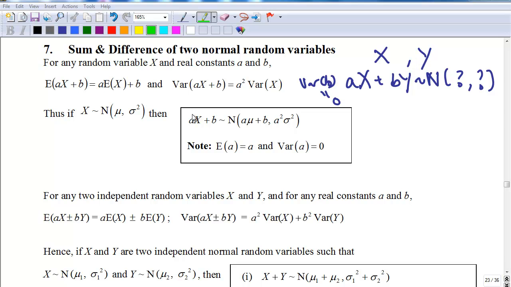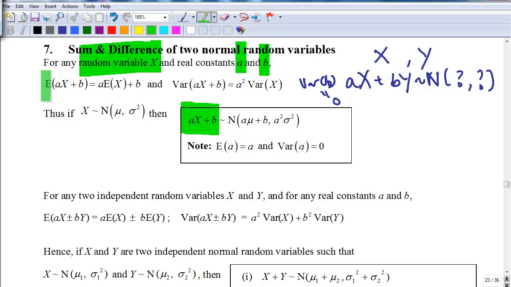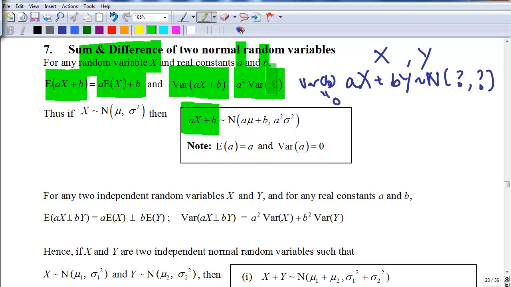Now, to do this, let's begin by looking at a simple case. I'm interested to look at the distribution of aX plus b. Alright, now for any random variable X and any real numbers a and b, the expectation of aX plus b is always aE(X) plus b, and the variance of aX plus b is always the same as a squared times variance of X. Okay, these are two rules that you can use all the time, irregardless of what your distribution of X is.